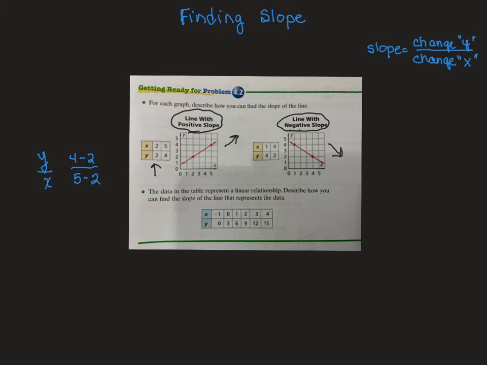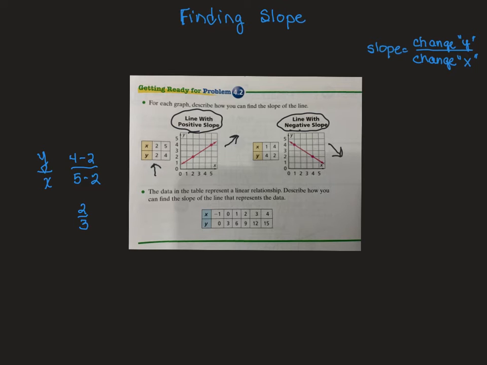I know that the x is going up 3 and the y is going up 2. So this slope is 2 over 3. That means that for every time x goes up by 1, y is going to go up by 2/3. I subtracted the y over the x, and so the slope is 2 over 3.